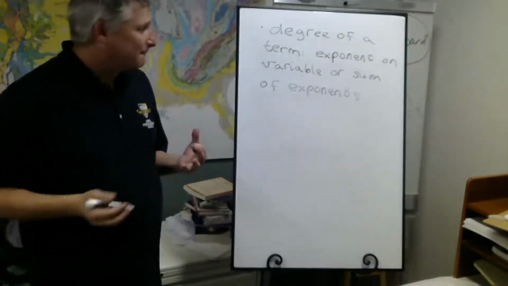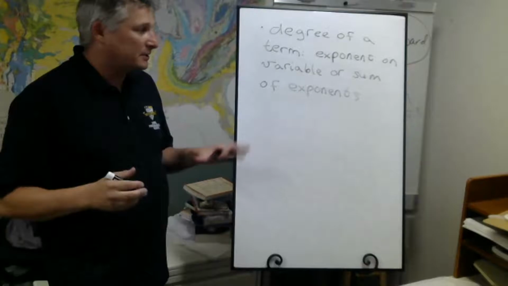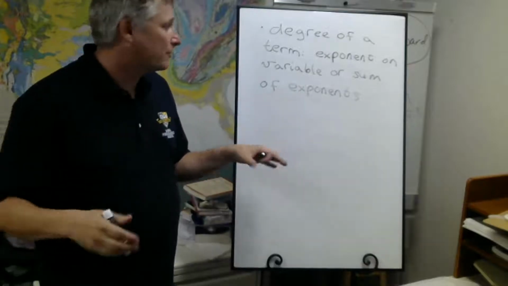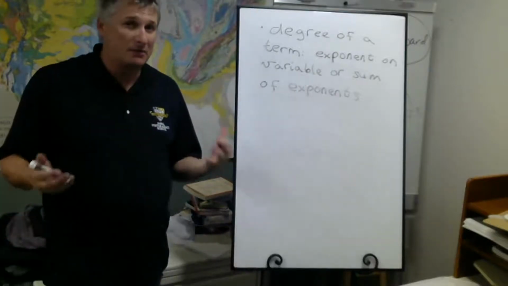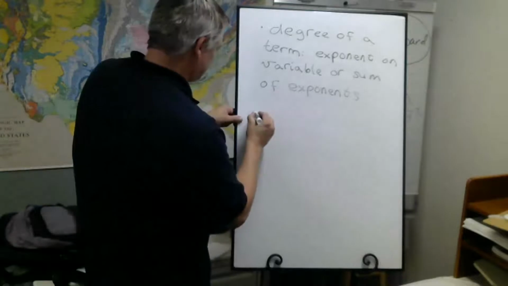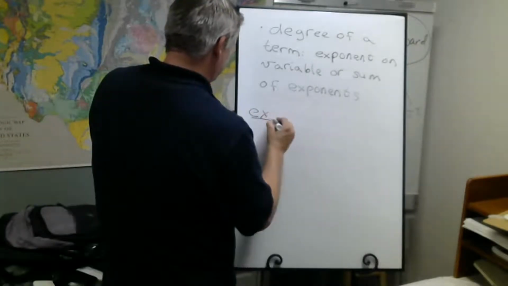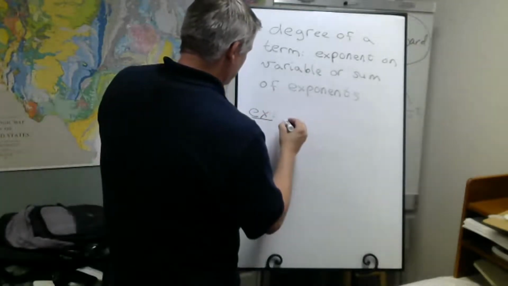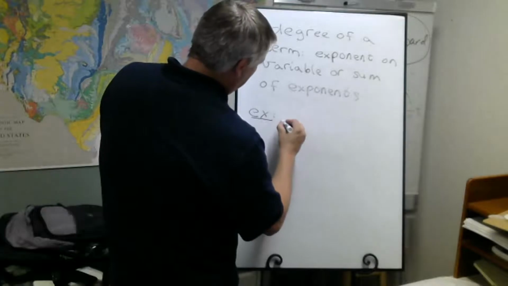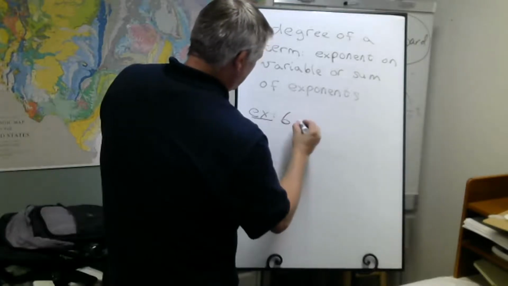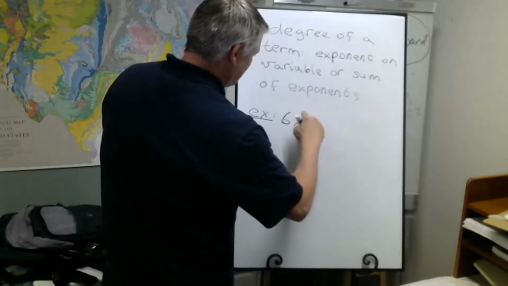So for example, just to reiterate again, the degree is the exponent on the variable or the sum of exponents on those variables. So let's say 6x to the fourth.